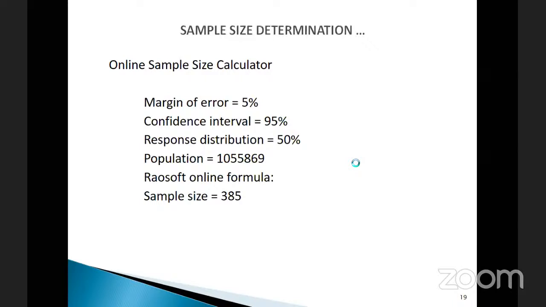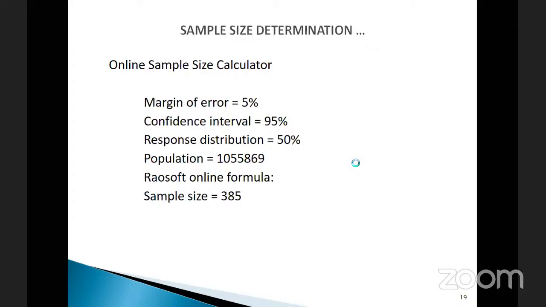I hope the idea of sample size determination is clear. We have to understand why we determine sample size. Because sample size affects ability of a sample to predict a population.